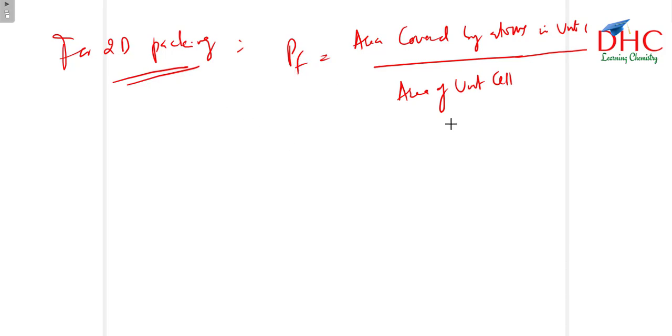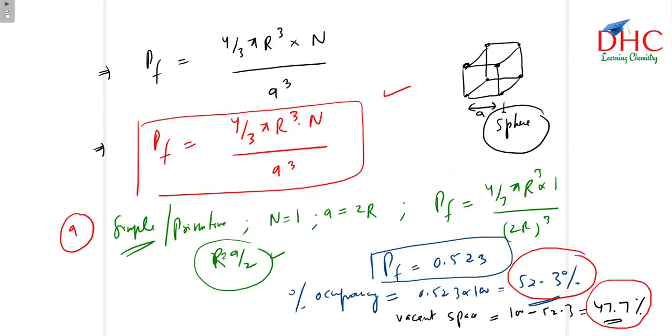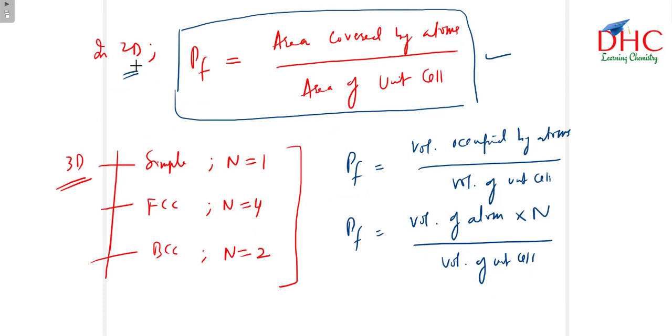So you should always remember, in 2 dimensions you take area into consideration, but in case of 3 dimensions you take volume into consideration. This is important. One more point you should understand here is that in case of 2 dimensions you take atom as a circle instead of a sphere. But in case of 3D you take atom as a sphere.